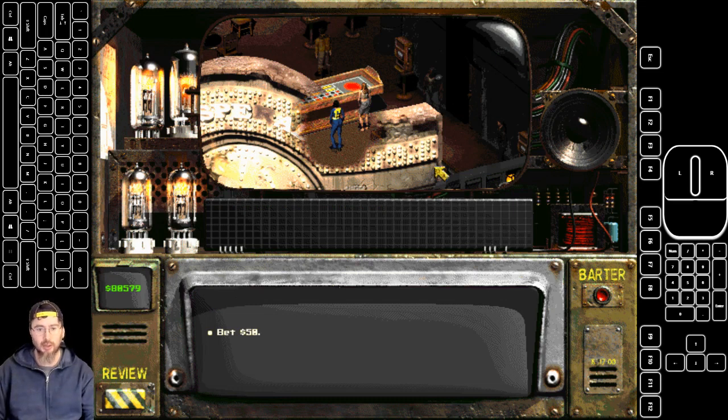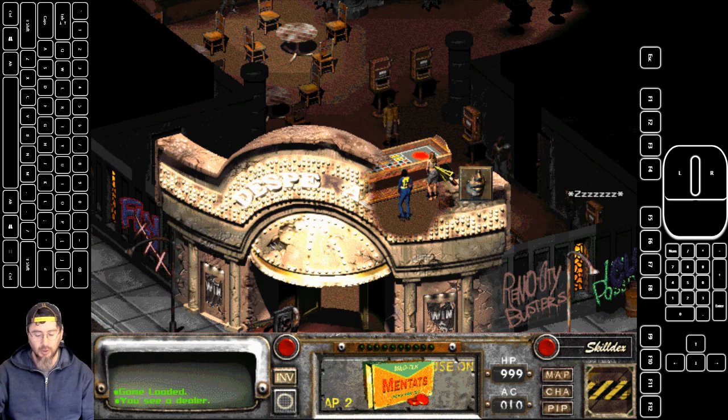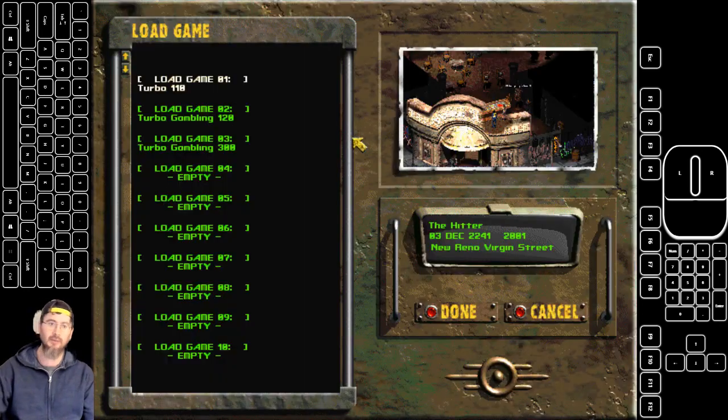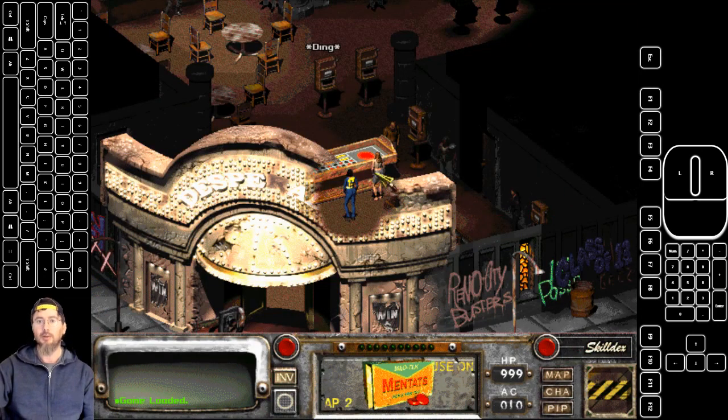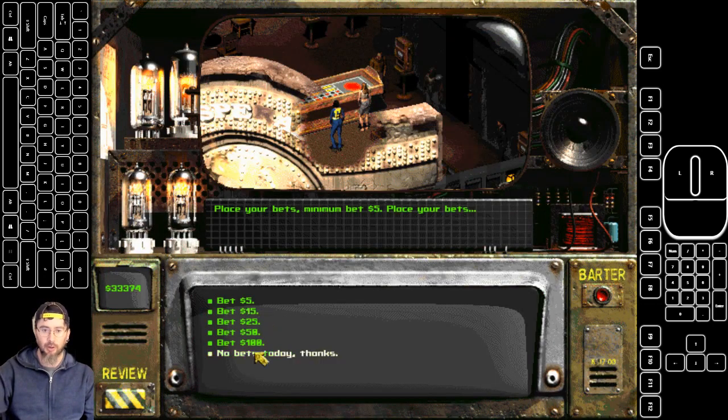All right, so let's take a look at betting with a higher amount of gambling skill. So that was turbo gambling with 110. Now we're going to turbo gamble with 120% gambling skill. See, we got 120% here. 120% from my experience is basically the bare minimum that you need to be able to place your $100 bets.